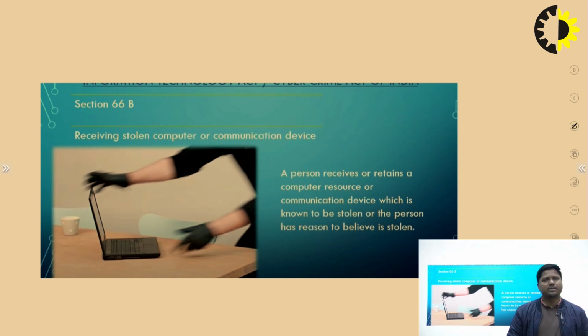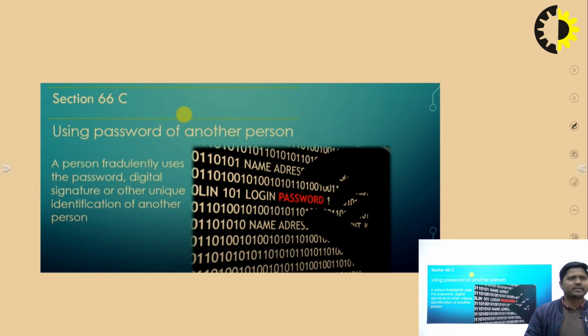And next is Section 66B, which deals with receiving a stolen computer or communication device. If a person receives or retains a computer resource or communication device which is known to be stolen, or the person has reason to believe is stolen, this type of activity is dealt with in Section 66B. Next is 66C, when we use another person's password without their consent.